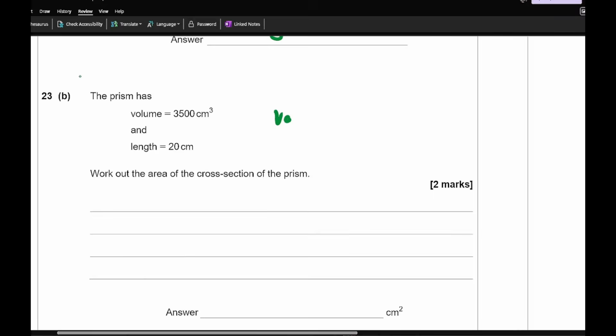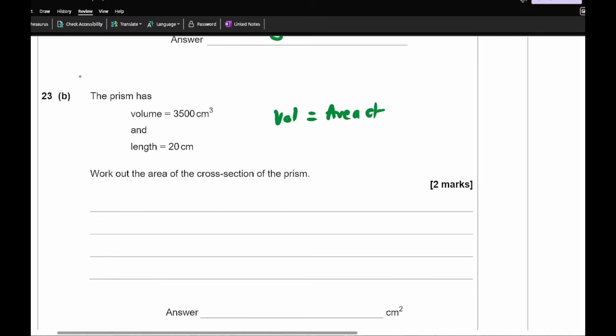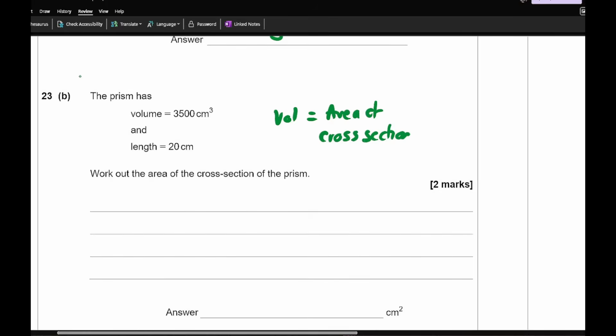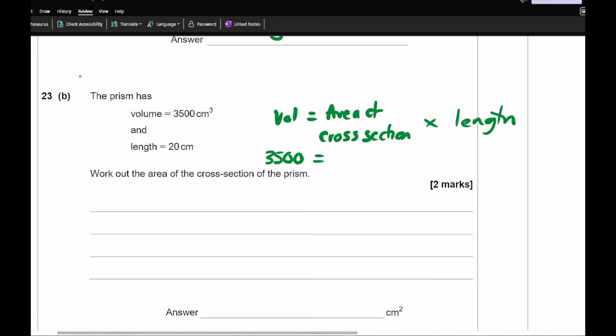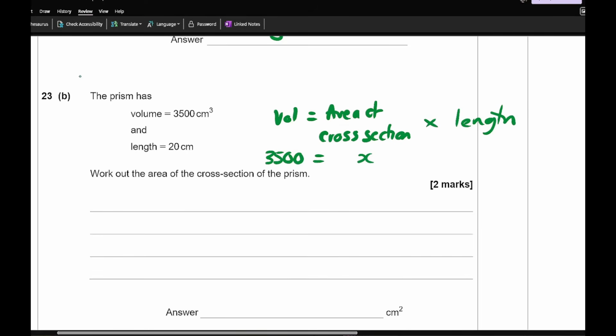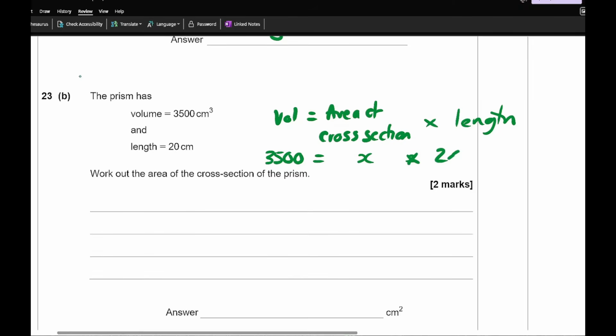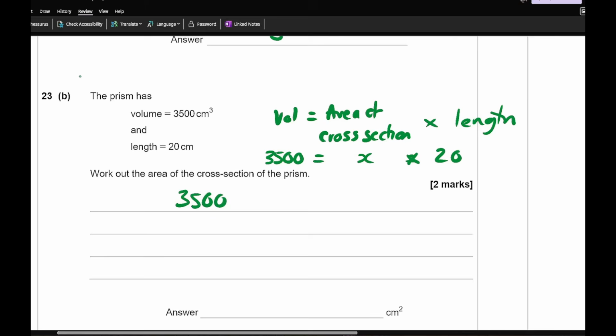Now the volume is equal to the area of the cross-section multiplied by the length. So the volume is 3500, multiplied, I'll just call the area x, multiplied by 20. So what we've got to do here is 3500 divided by 20.